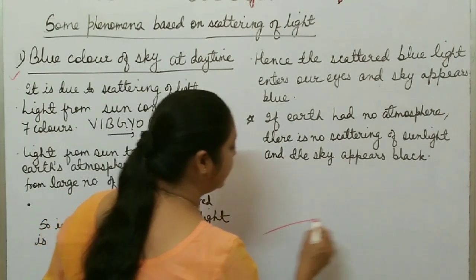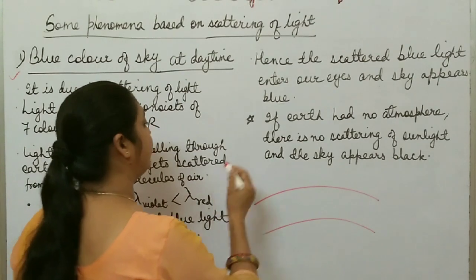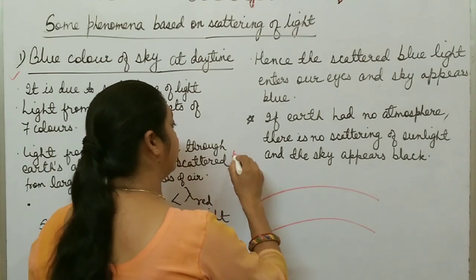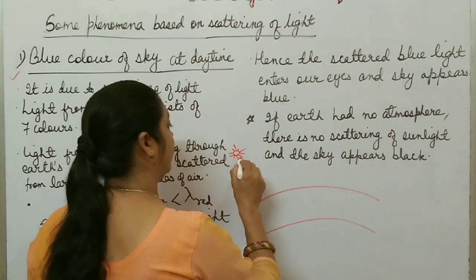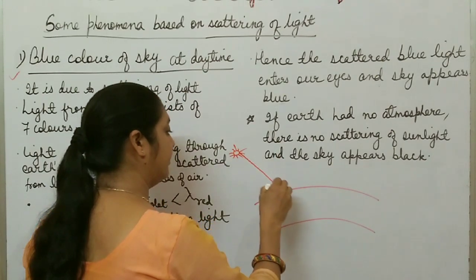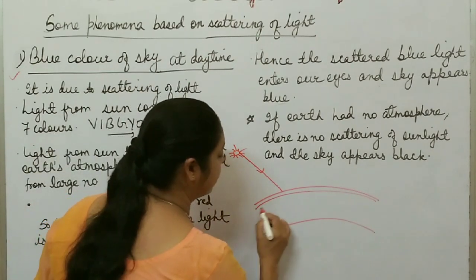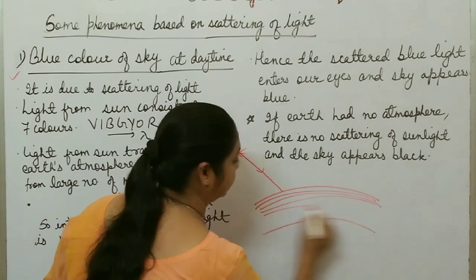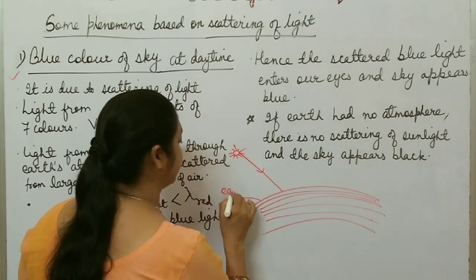Suppose this one is Earth's atmosphere, and light is coming from the sun during daytime. Light is coming and in vacuum, this free space, it travels in a straight line. But these are different layers of Earth's atmosphere.